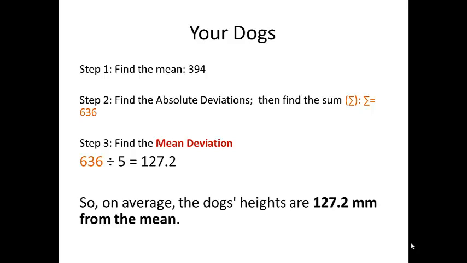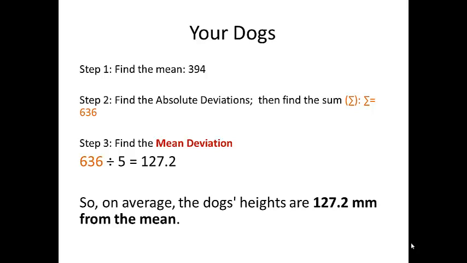Once we have found the mean and the absolute deviation, we are ready to find the mean deviation. We do this by taking the sigma, or sum, which is 636 in this example, and dividing it by the total number of values, which is 5. In this example, the mean deviation is 127.2.